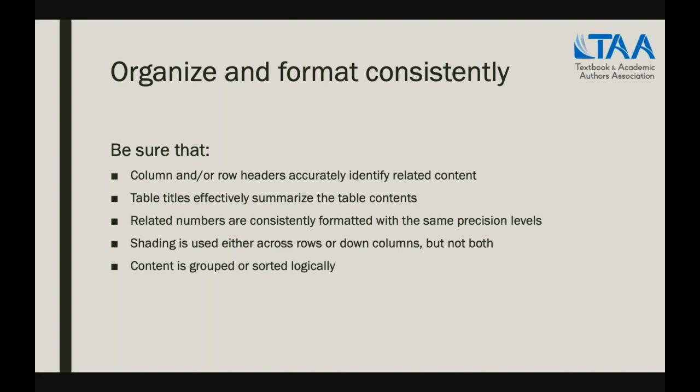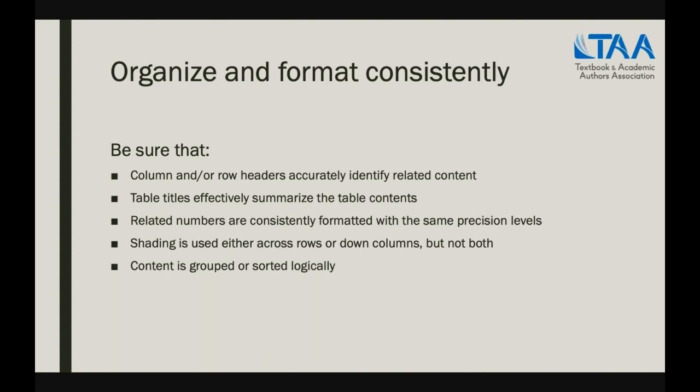If I'm grouping maybe regions and I want to see the individual states, then I'll treat each individual state as a row header and then add an additional merge cell to the left of those individual states to identify the region, and then group things by region, and then alphabetically maybe sort the state names within each of those regions to make the table more effective in understanding how the data relates to the rest of the information presented.